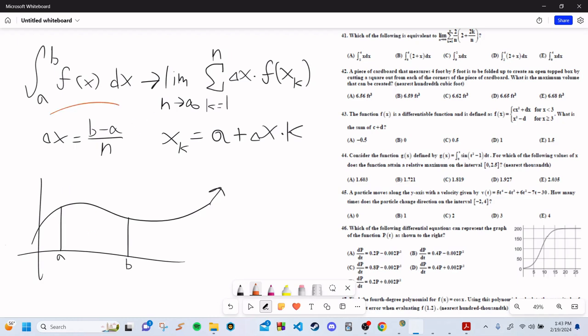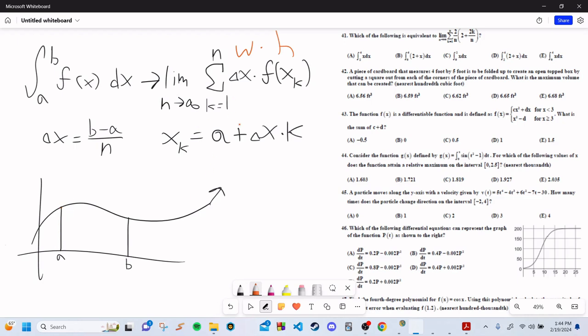And so that's where this delta x part comes in. And really what this summation is, it's just width times height. We're just adding the first to the nth rectangle, so all of these rectangles, and getting all of their areas. We're just summing the areas of n rectangles, which are infinitely small in their width.